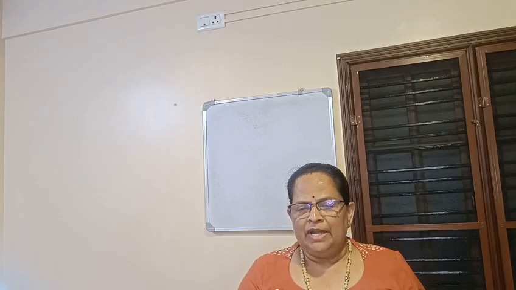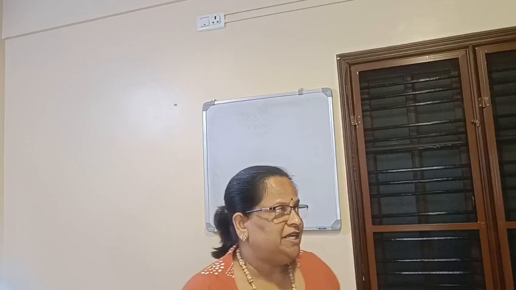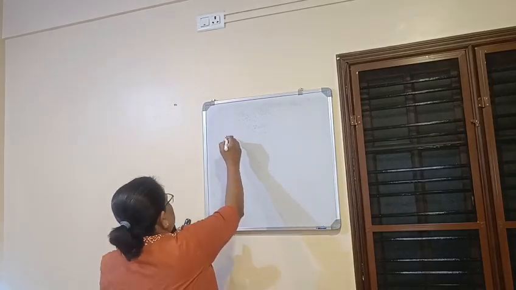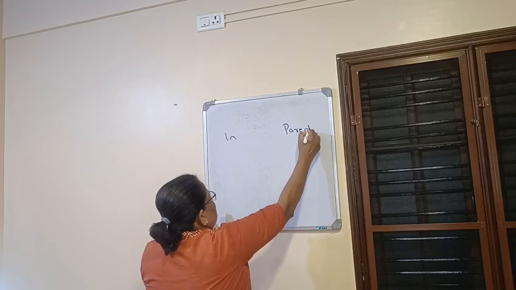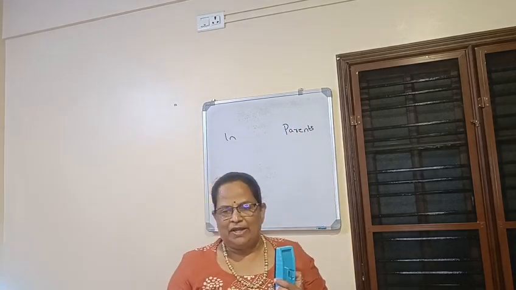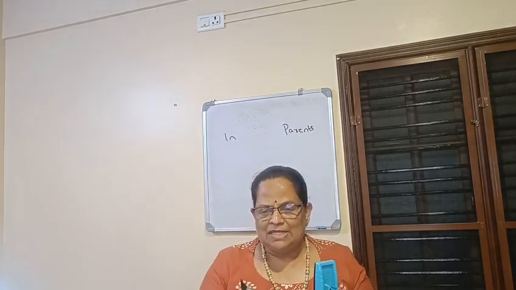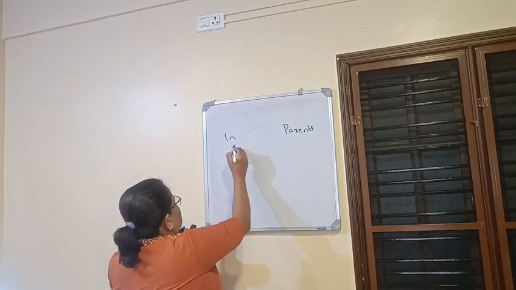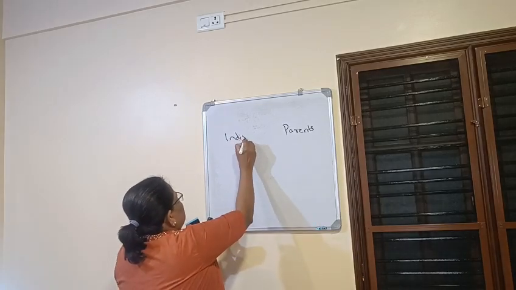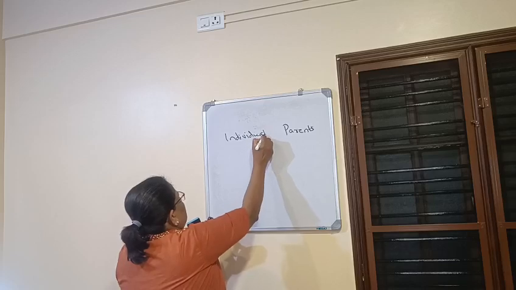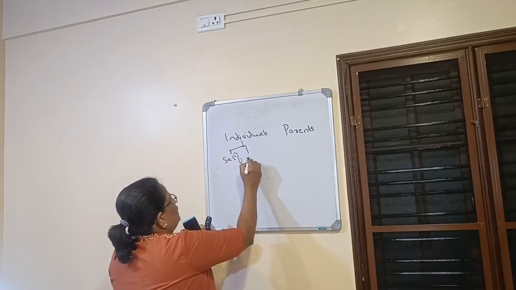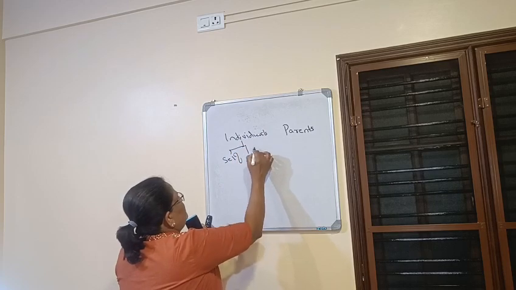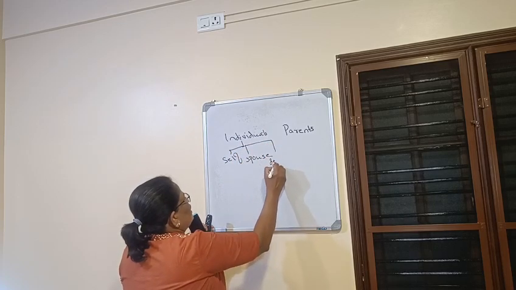Now, diagrammatic representation of 80D, two divisions are there. One is for individual and one is for parents. This is very important. Now, individuals: self, spouse and dependent children. That is very important.